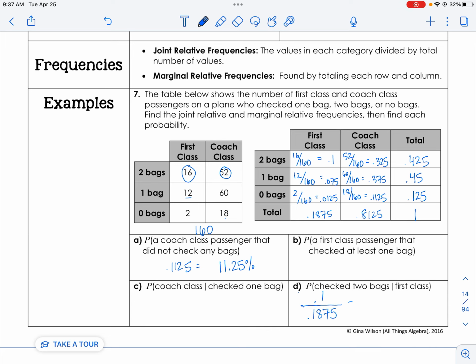So I'm going to take 0.1, which is first class passengers with 2 bags, and then divide that by the total number of first class passengers. And that is going to give me a decimal of 0.53 repeating, so approximately 53.3 repeating percent. So 53 and a third percent of the first class passengers checked 2 bags.